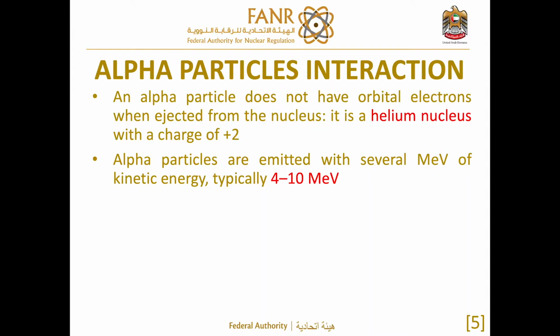It's not a nucleus, it's an ion, an aggregate which is ionized and has a charge of +2 electric charges. Alpha particles, we have discussed already several times, have a kinetic energy on the order of a few mega-electron volt, 5, 6, 8 mega-electron volt. So this is the typical range.